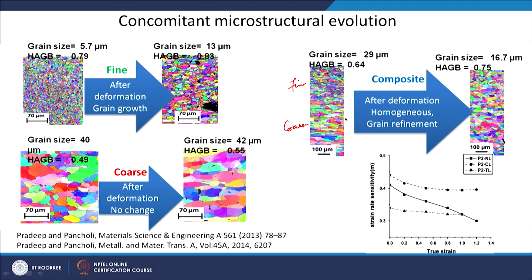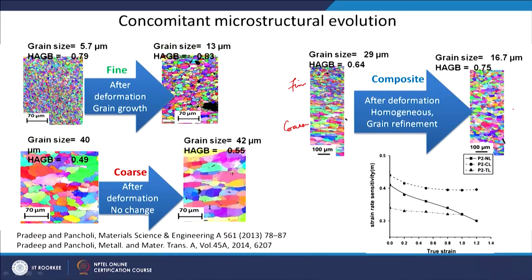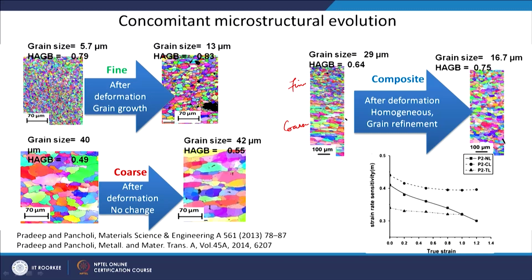So, this coarse grain microstructure has undergone dynamic recrystallization, which is what we call continuous dynamic recrystallization, and refinement is taking place, whereas in a single coarse grain material or uniform coarse grain material you do not see any CDRX. Okay. So, these fine grains are somehow helping this coarse grain to undergo the CDRX process, and you can see the effect on grain size also. It is from 29 micron going to 16.7 micron.